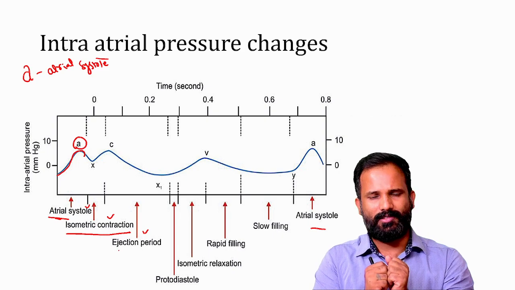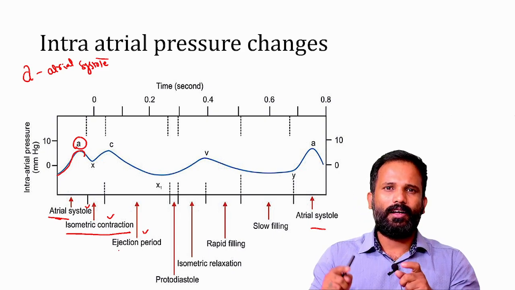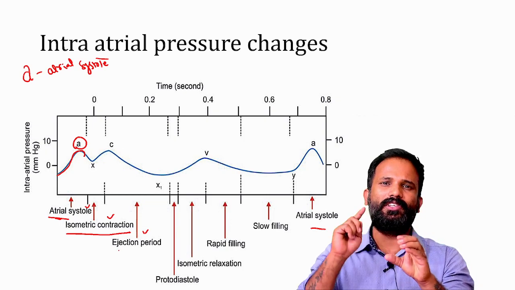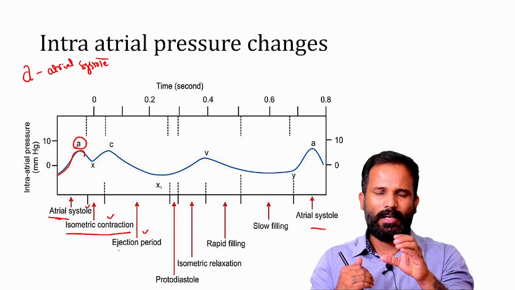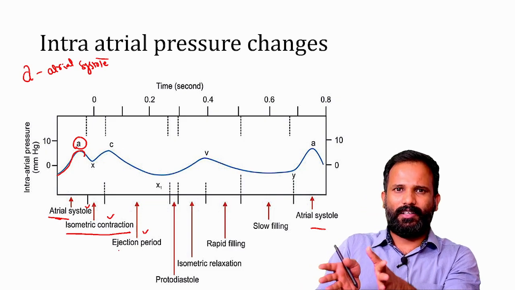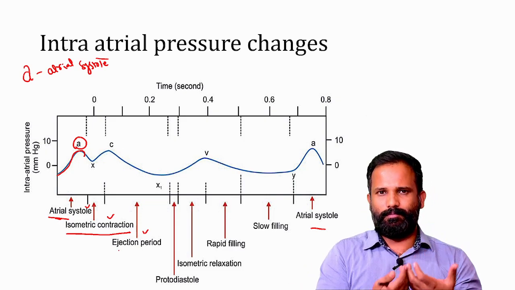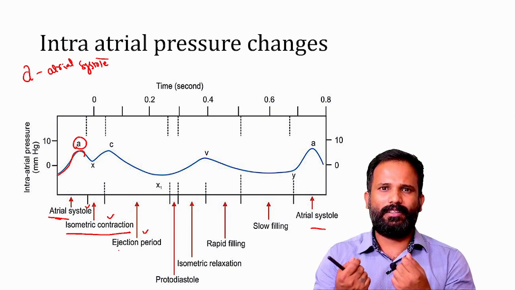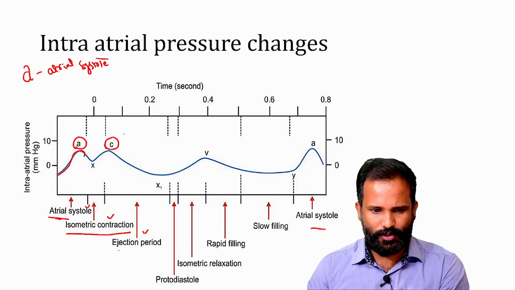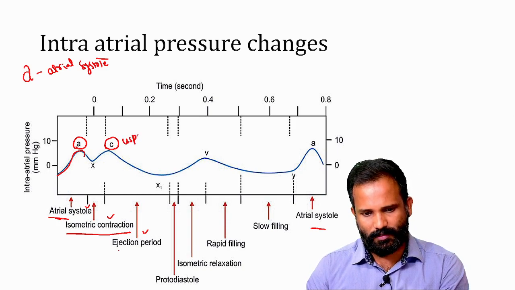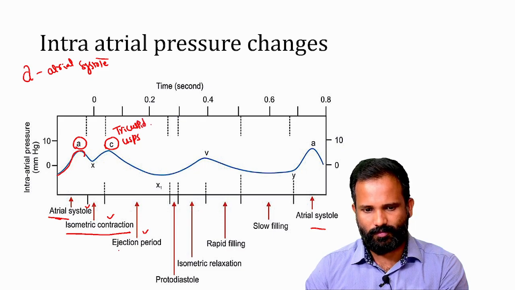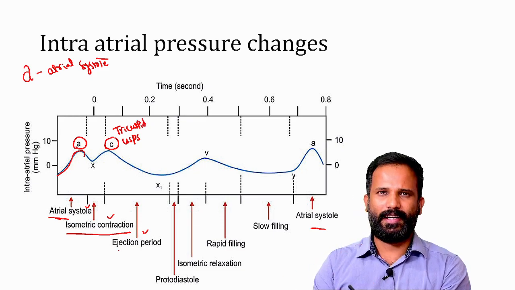That causes lessening of the volume of the atria, and pressure increases, as the valve cusps bulged into the atria will have the pressure increased. So the C wave is due to the cusps of the tricuspid valve which bulge into the atria.